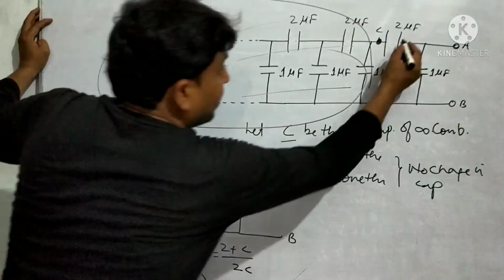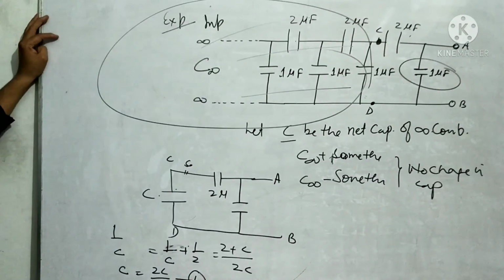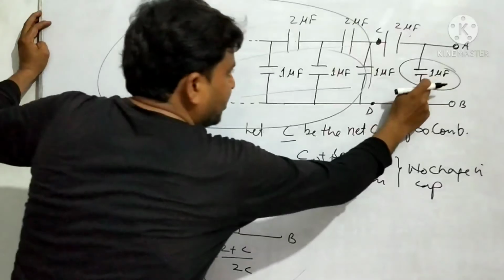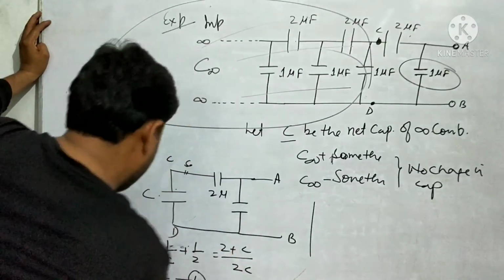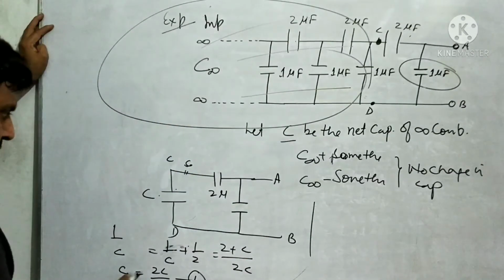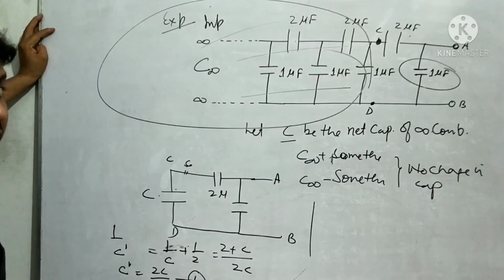And such connects with series also. This is parallel. Then in parallel with C, let us put C dash as the net capacitance.